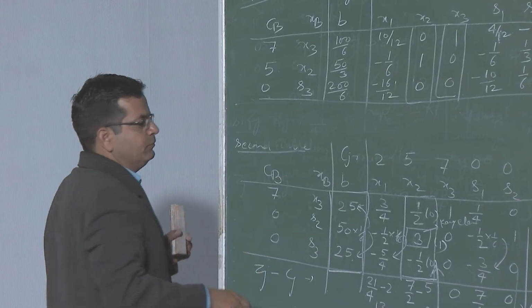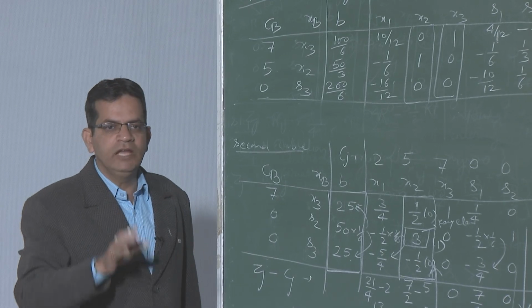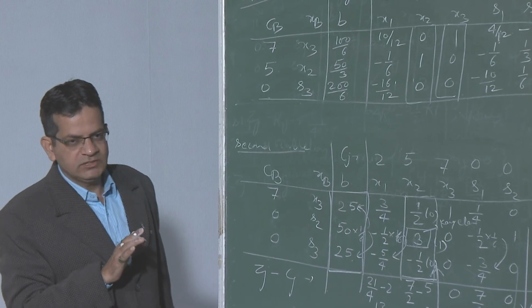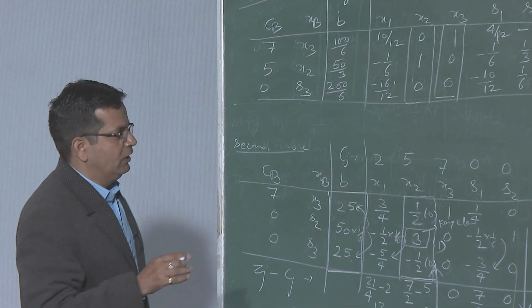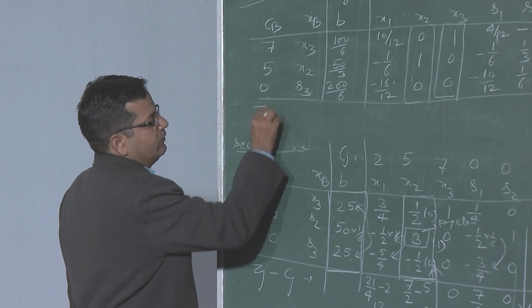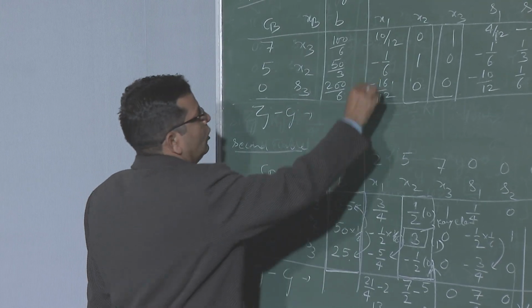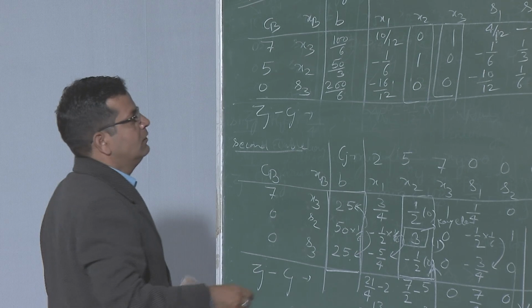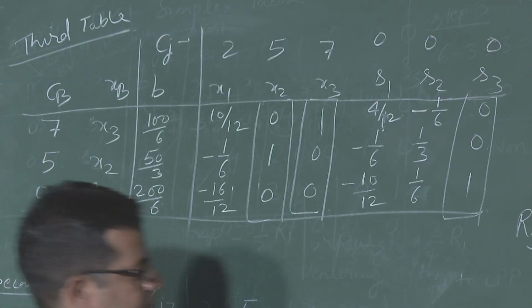If all the values of Zj minus Cj are greater than or equal to 0, then we stop the simplex method here and we reach the optimum solution. So let us see what is the value of Zj minus Cj. So 10 by 12 multiplied by 7 becomes 70 by 12.